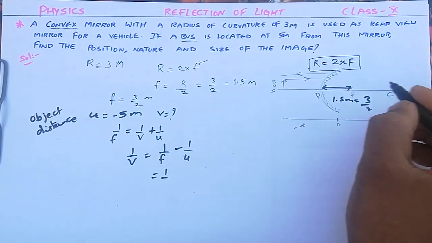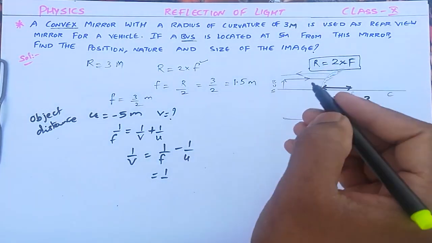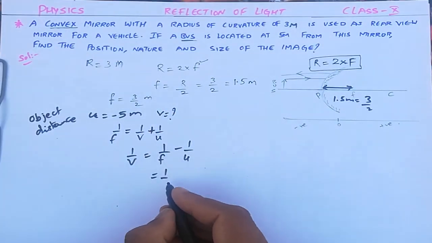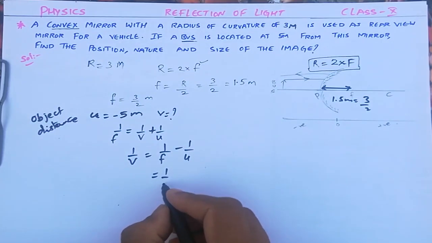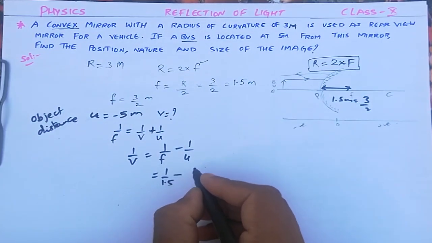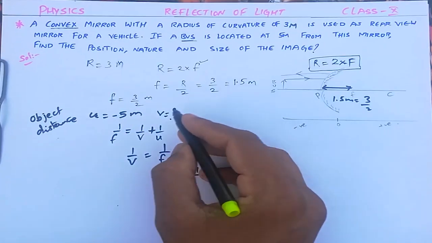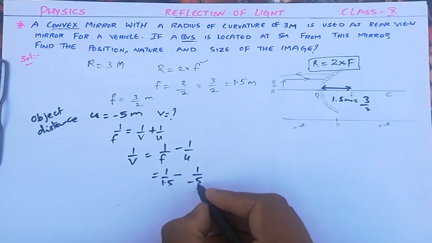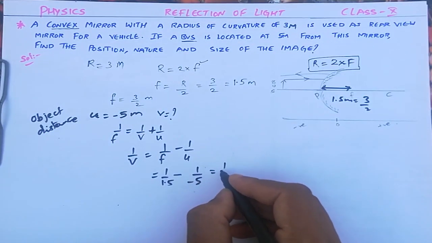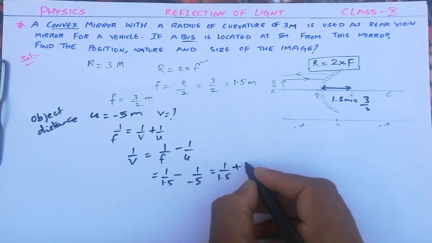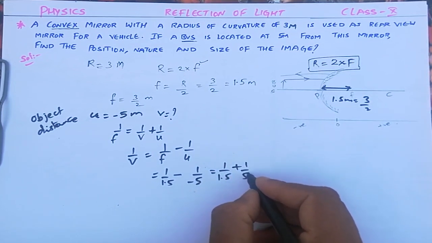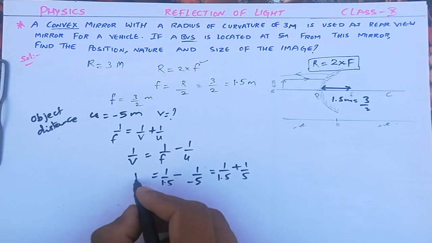But we are going in the positive direction, so F equal to 3 by 2, no minus. So 1 by 1.5 minus 1 by U, where U is minus 5. So minus of minus becomes plus: 1 by 1.5 plus 1 by 5. That is 1 by V.